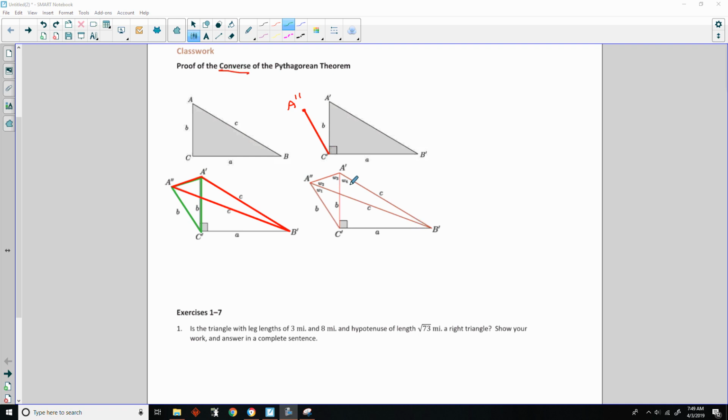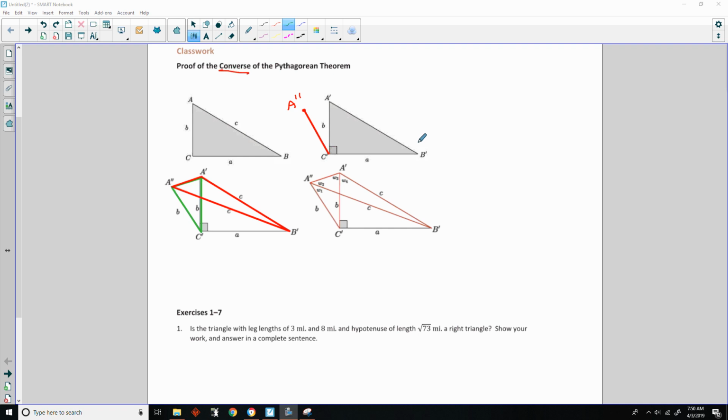Okay, so here's our diagram again. There's the two triangles. So we labeled this angle, which is angle C A double prime B prime, W sub 1, and this angle W sub 2, W sub 3, and W sub 4. So we've just labeled these four angles that were created in the two triangles.